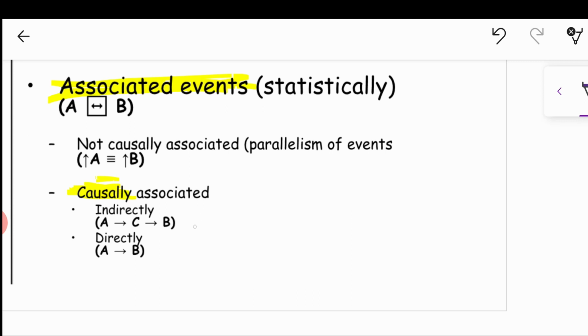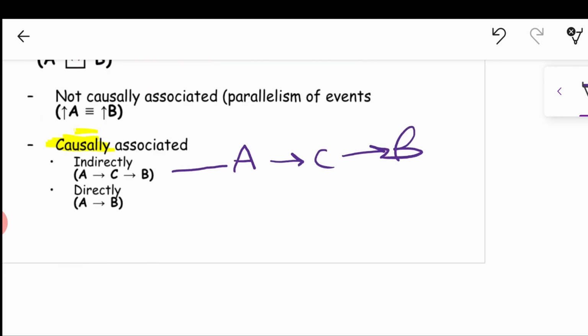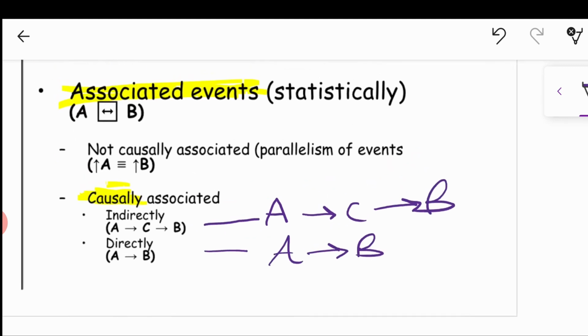Or is it directly associated? And so if it's indirectly associated, well, it pretty much means that A does have an impact on B, but first it has to go through C in order to have an effect on B, and if it's direct, A has a direct effect on B. Alright, that's causally associated.